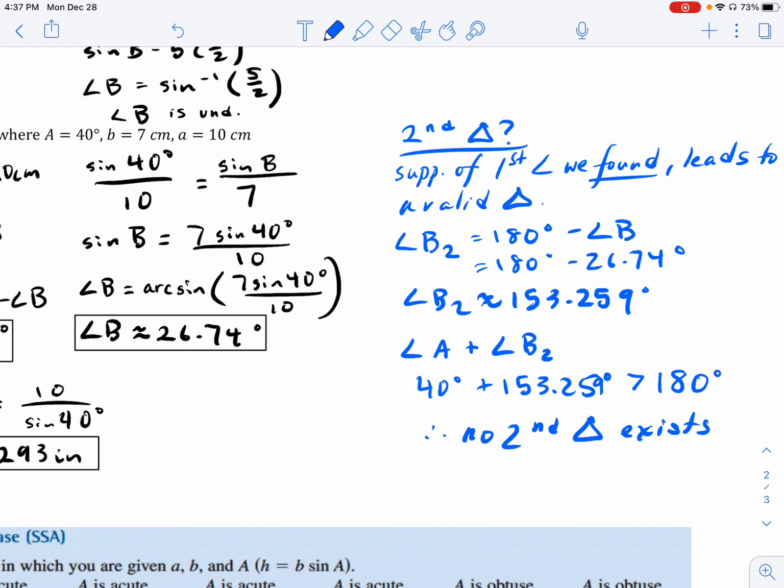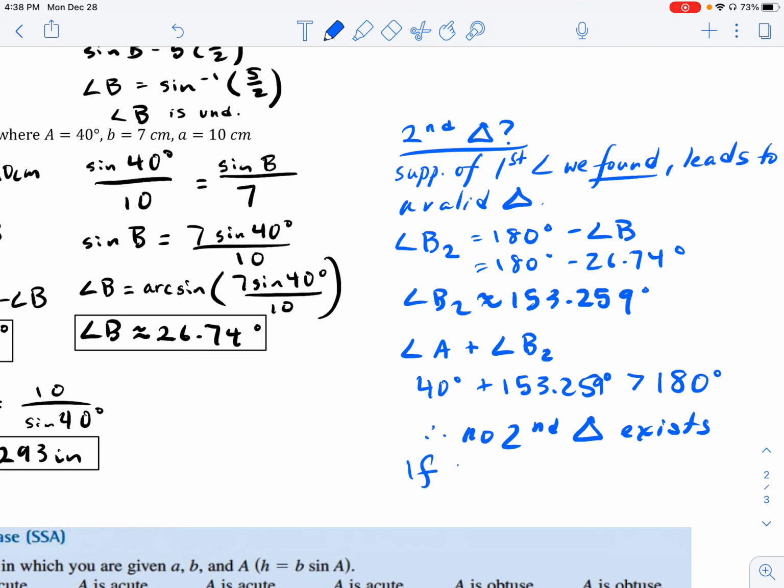Had this angle B sub 2, this supplement of the first angle B that we found, been an angle that when added to 40 degrees gives a sum less than 180, then this second triangle would exist. And you would repeat using the law of sines to figure out all the remaining sides and angles. Okay, and I'll write that.